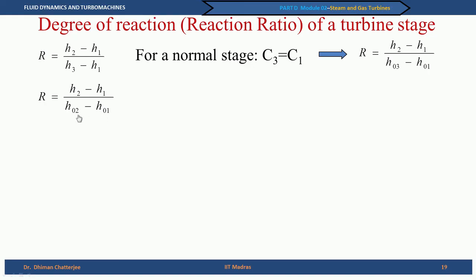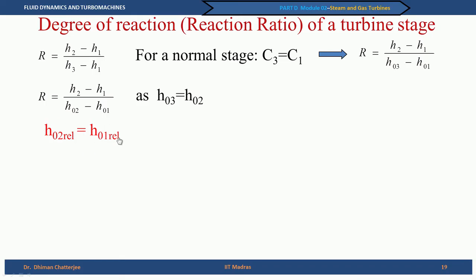How can we write it? Because H03 is equal to H02. We have already shown that in the nozzle the stagnation enthalpy remains constant. We also know that H02 relative is H01 relative.